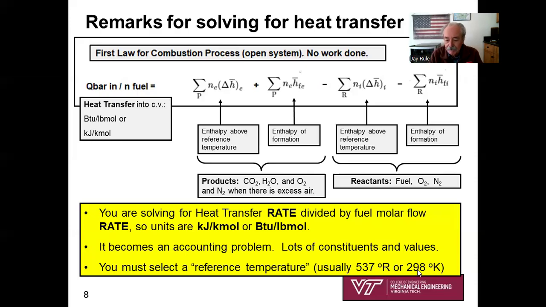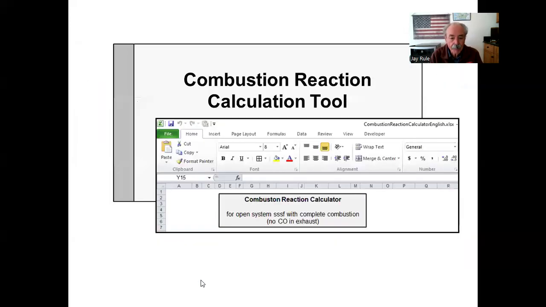Let's see, what is that? That is 25 degrees C, which is a very standard reference temperature to pick for SI problems related to combustion. Okay, so three things. All of the units in this first law expression are going to be in terms of kilojoules per kilomole or BTUs per pound mole. It's an accounting nightmare, with lots of constituents and values to look up and deal with, and typically you're going to select the reference temperature.